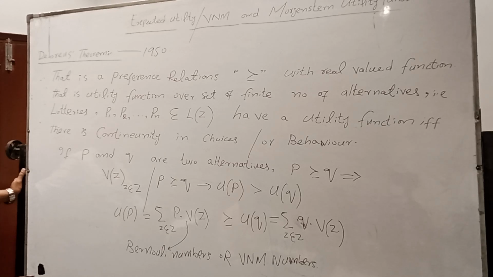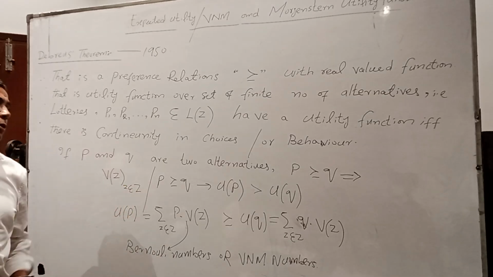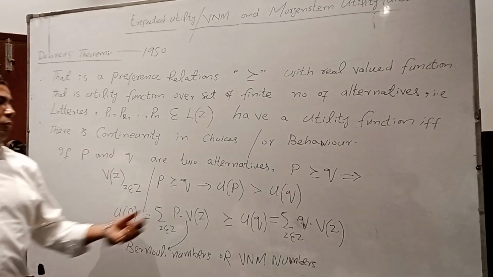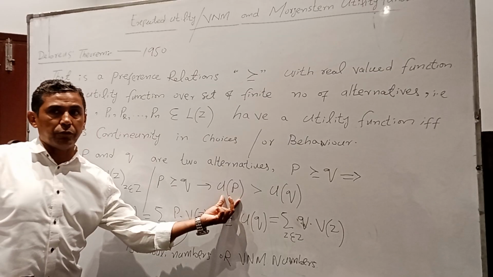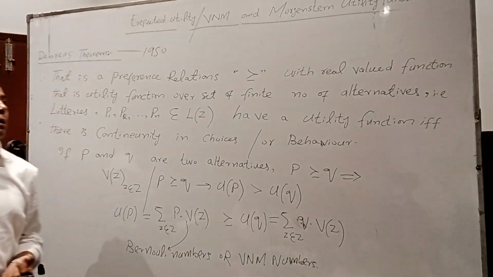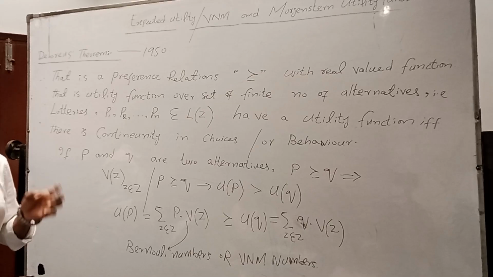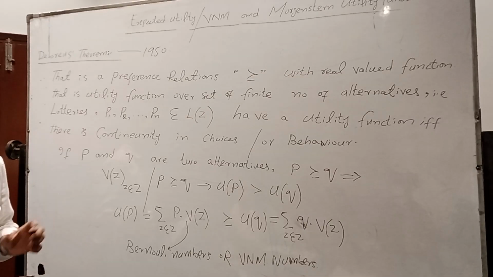Now, on the basis of this discussion, we need to discuss the nature of the utility function. In the case of certainty or uncertainty, the nature of the utility function is the same.